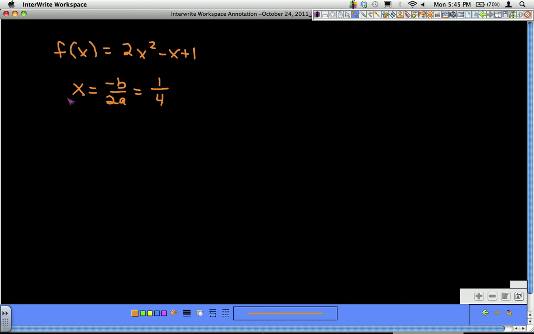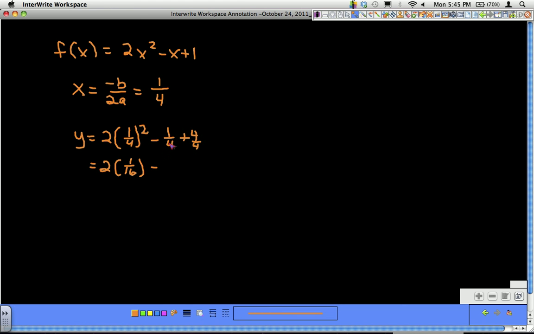Now f of x, or my y value, pretty simple. I just take 1/4, plug it in up here. So 2 times 1/4, all squared, minus 1/4, plus 1. So let's simplify this. So I'm going to get 2 times 1/16 minus, and I can put these two together by turning this into 4/4.